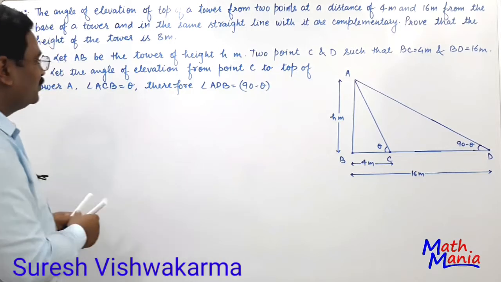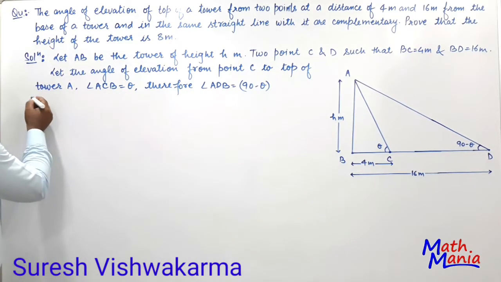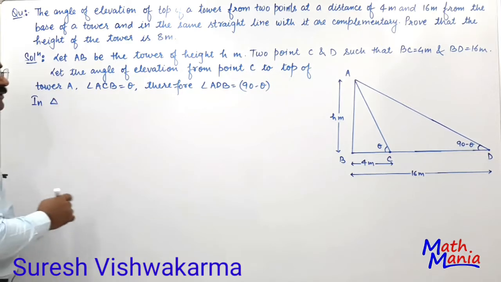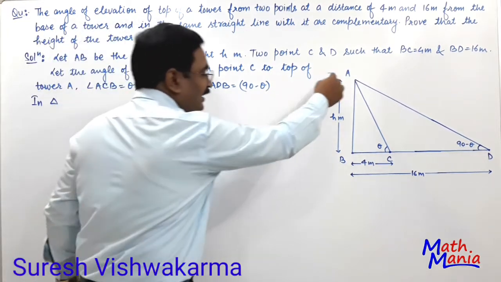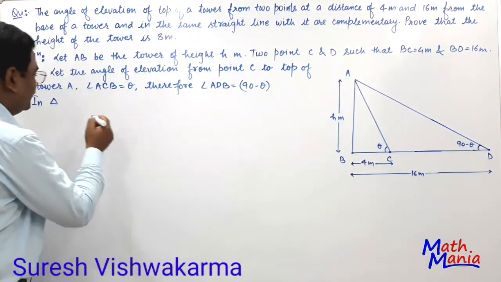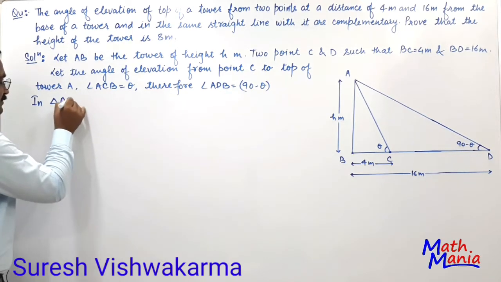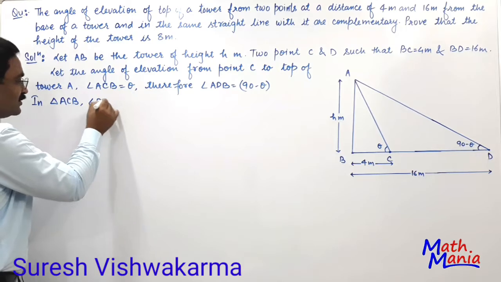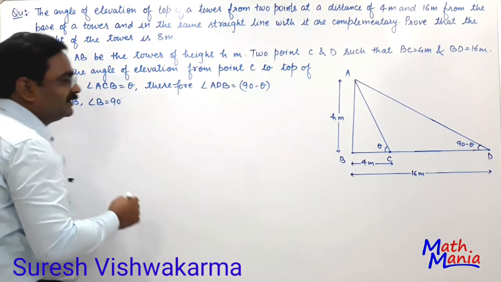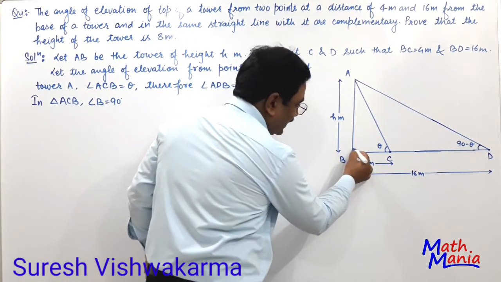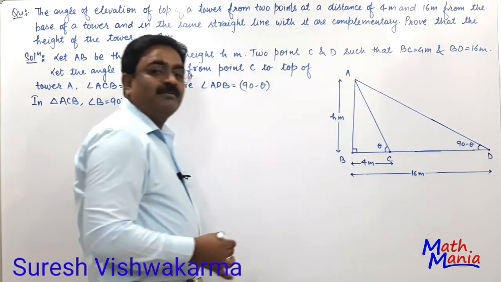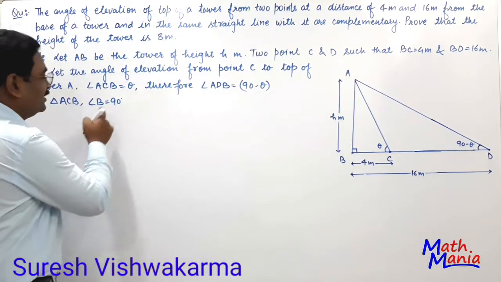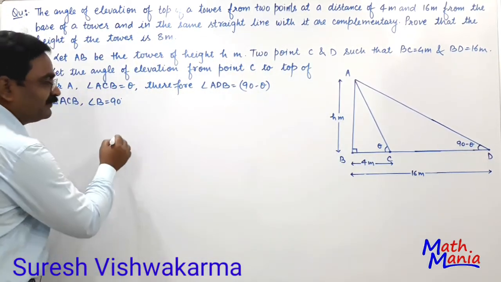Okay. So from the figure, first we have to take the triangle ACB. In triangle ACB, measure angle B is equals to 90 degree, because this tower stands on the ground perpendicular.